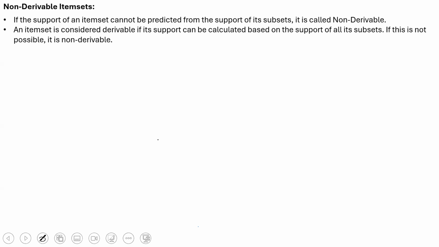If it is not possible, it is non-derivable. It is as simple as this. Given an item set, if you are able to calculate its support using the supports of its subsets, we call that derivable. If not, it is called non-derivable. And what does that actually mean to you? Let's try to elaborate this.